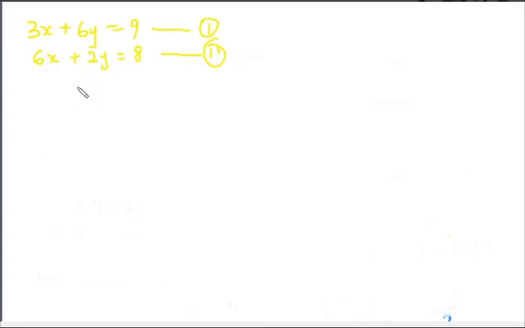So let's pick equation 2 this time around. So from equation 2, I'd have 6x plus 2y equals 8.